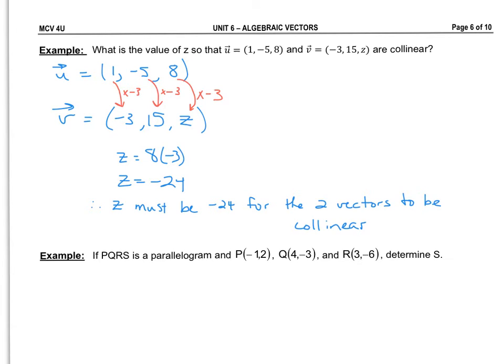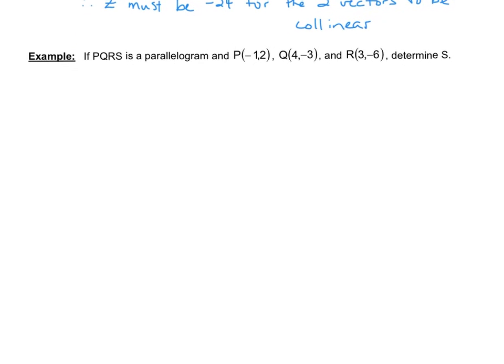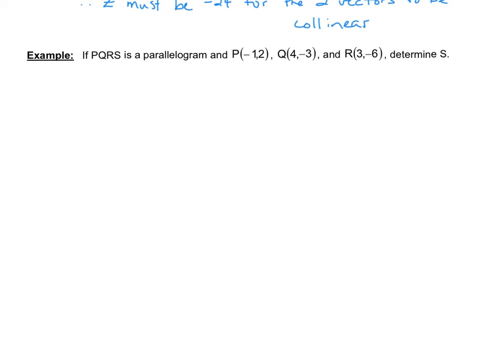All right, now we have an example of PQRS, and it's a parallelogram with 3 of those points being defined for you, and you have to determine the coordinates for point S. I'm going to sketch this out.